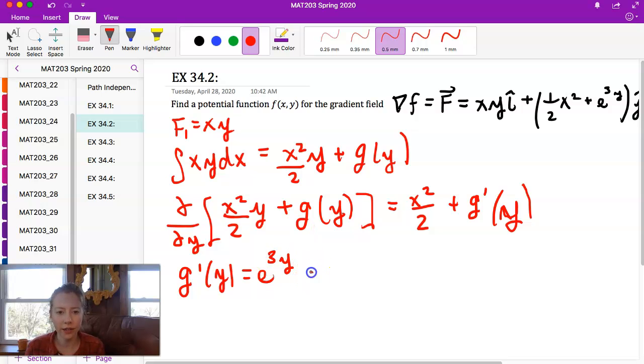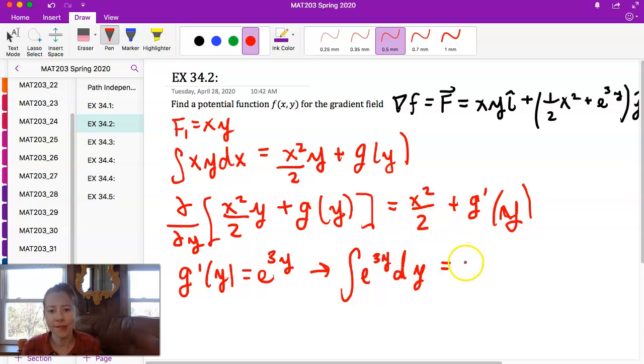All right, and so that tells us that we have to integrate e to the 3y dy, and that's going to give us our g of y, which is going to be equal to e to the 3y over 3.